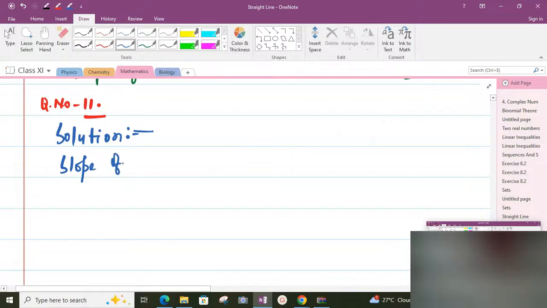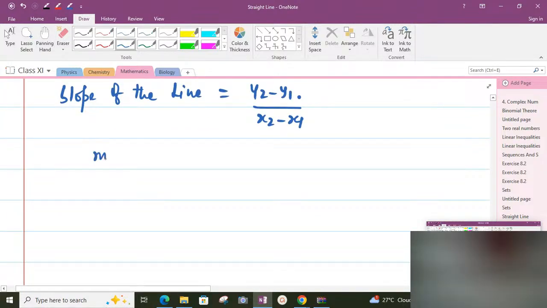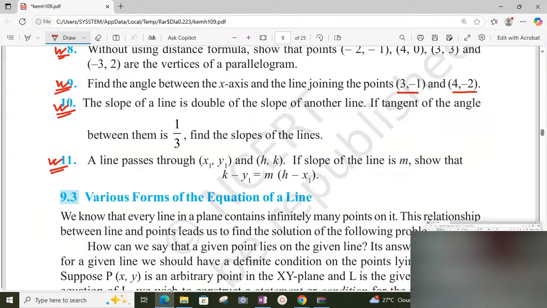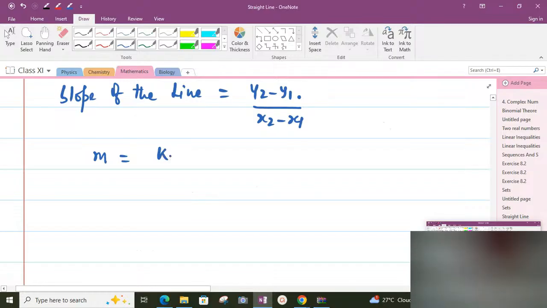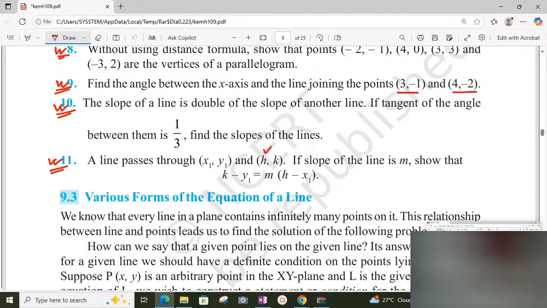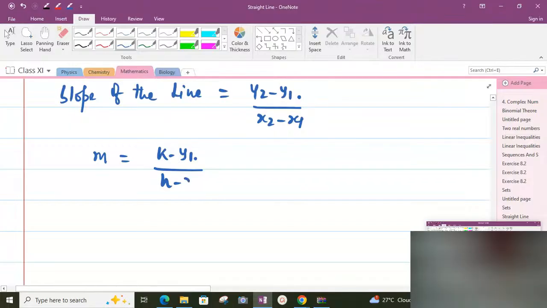The slope of the line when 2 points are given. For this we recall the formula y2 minus y1 by x2 minus x1. The slope of a line is generally denoted by m, therefore we write m equals the value of y2, which is k, so we write k minus y1, and the value of x2 is h and the value of x1 is x1, so we write h minus x1.